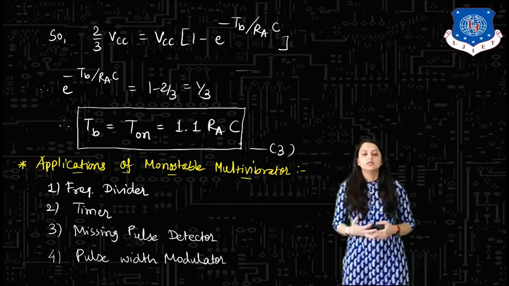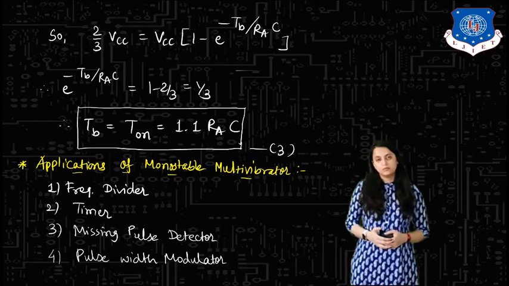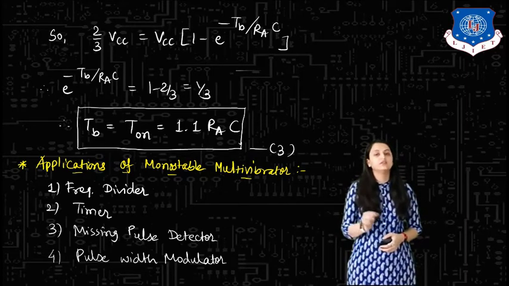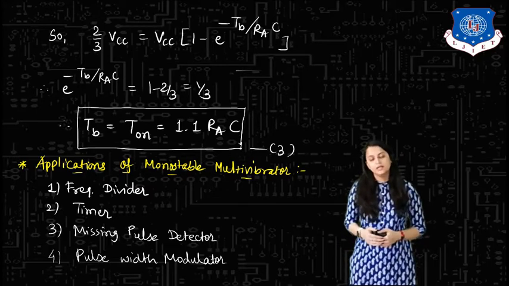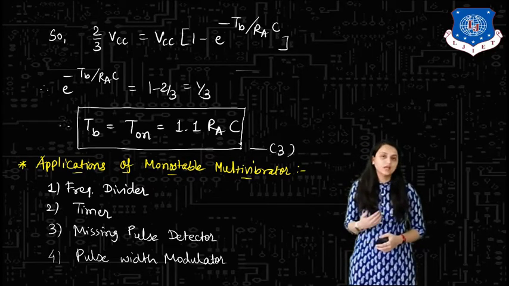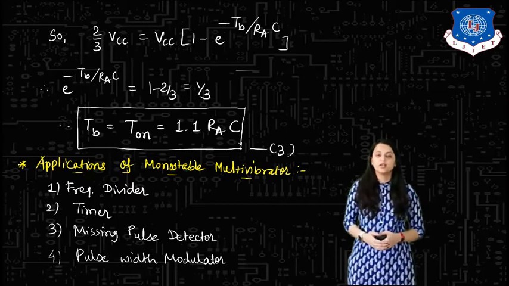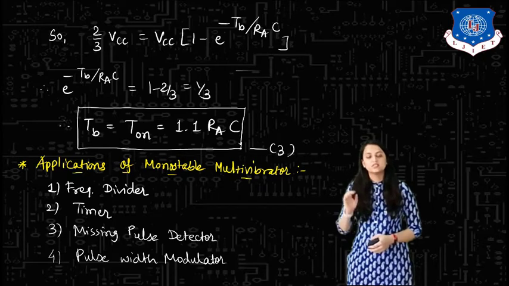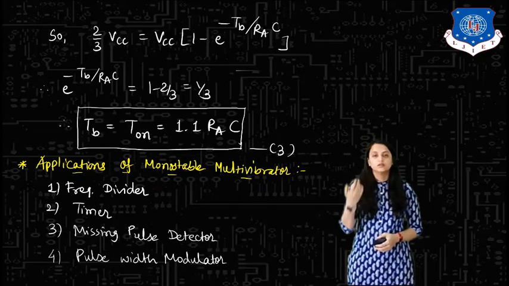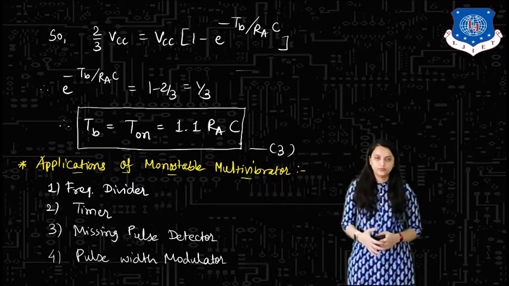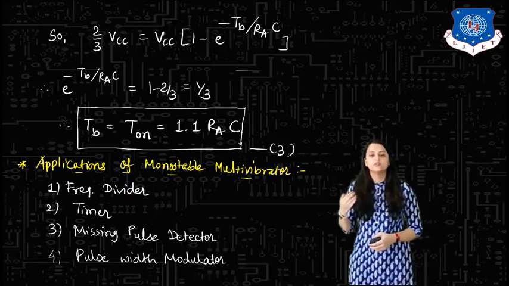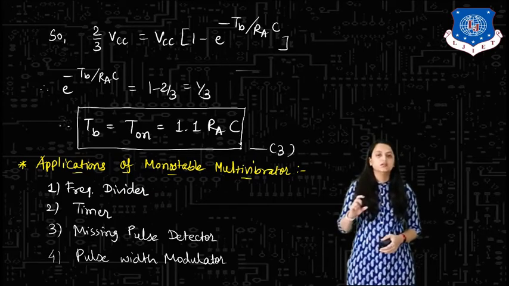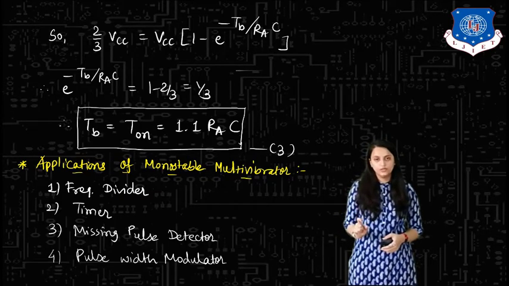Okay. Now let us see the applications of this monostable multivibrator. The first application is as a frequency divider. That means whenever we want frequency division at the output side, let's say for example, I have the frequency f and I want the output frequency f by 4, that is 25% of the input frequency. So as a frequency divider, we can use a monostable multivibrator by adjusting the RAC value, that is the RC constant value.